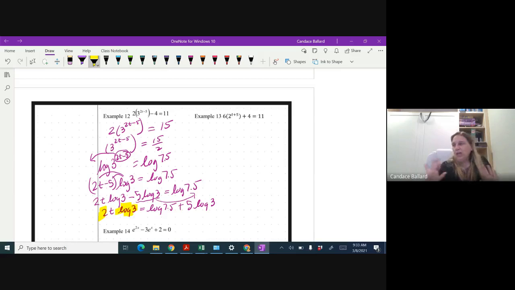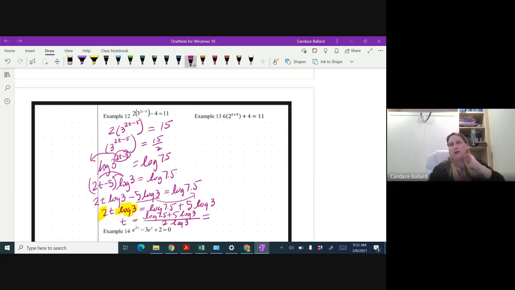They just sort of look like they're in a weird spot. So I'm going to take those numbers and divide them over to the other side. So what I end up with is t equals log of 7.5 plus 5 log of 3 divided by 2 log of 3. We're going to put that whole thing into our calculator all at one time.